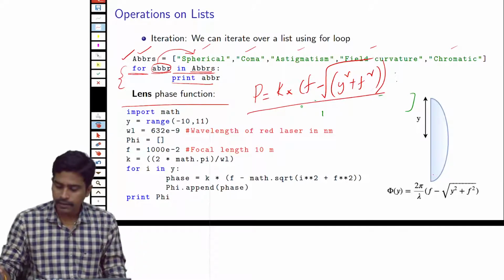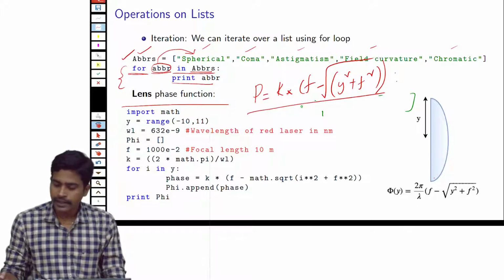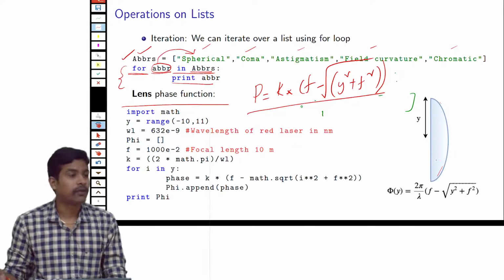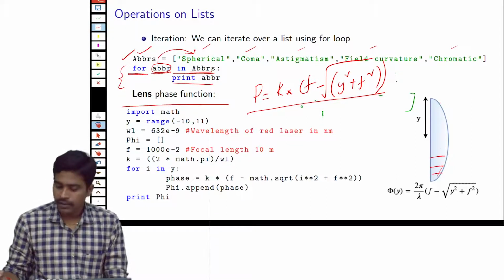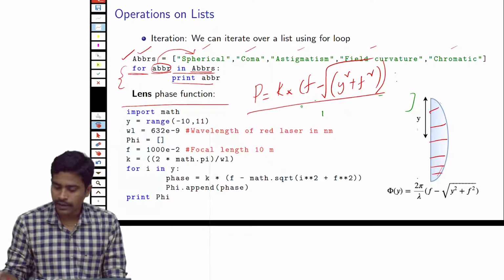This is a lens, and you can see the thickness of the lens in the y direction is varying with this profile of the lens. Which means the thickness of the lens is a function of its position along the y axis.